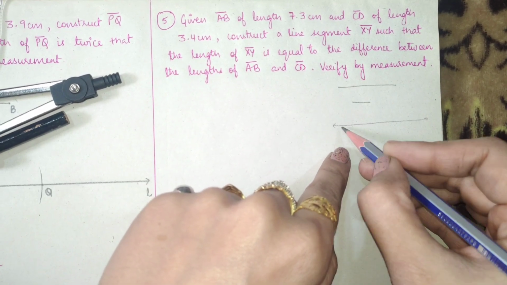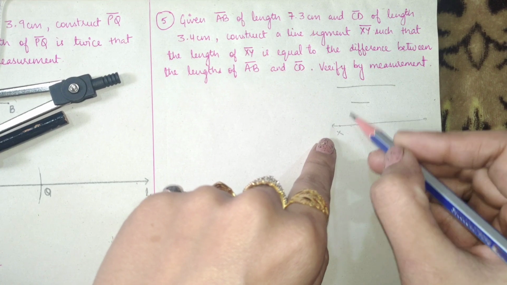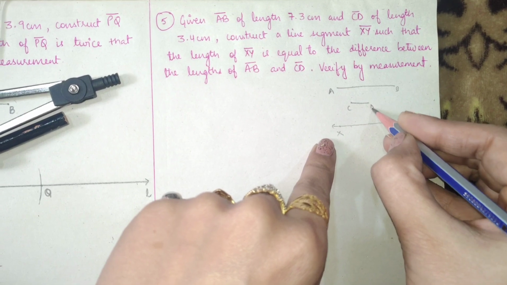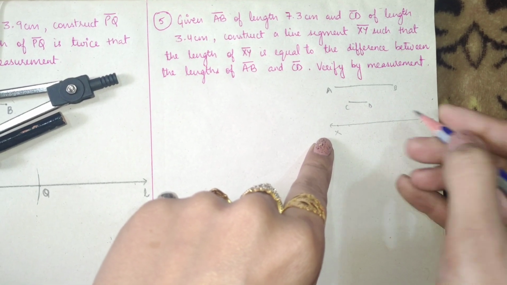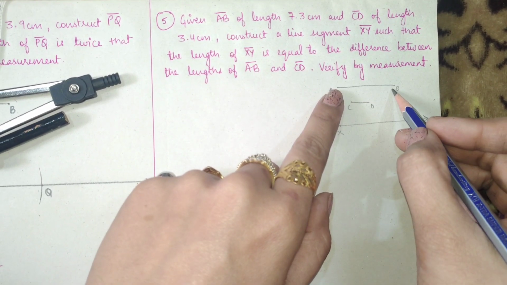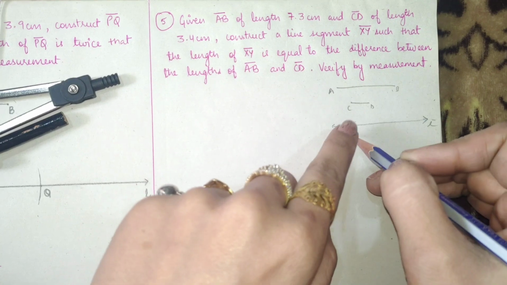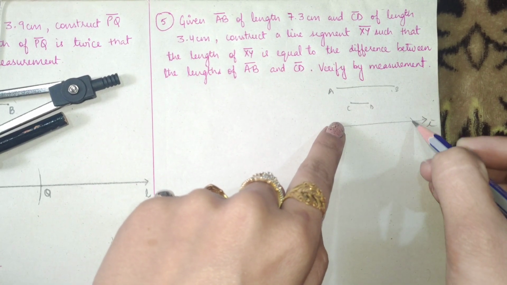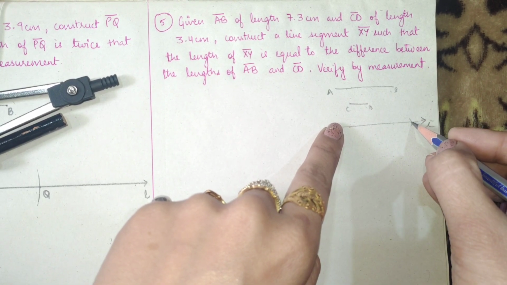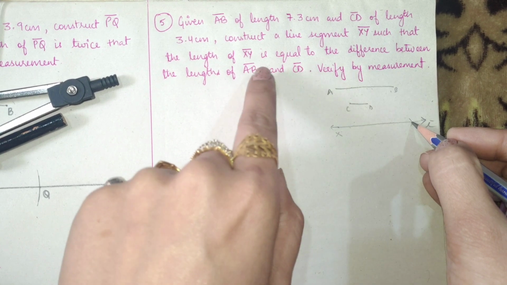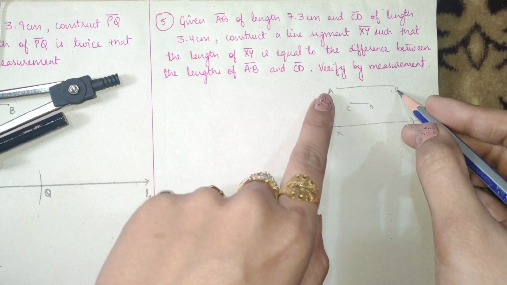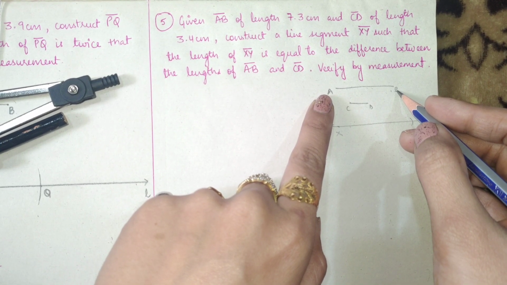Then we'll draw a line, we'll take the starting point, we'll name it X, and we'll name the line L. First we measure the line segment AB, and then starting from X we'll draw an arc of similar length like AB, and then we'll name this point something else but not Y, because then XY will be equal to AB, but that's not what we are supposed to do.